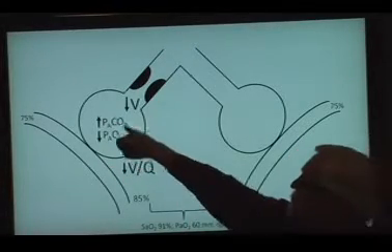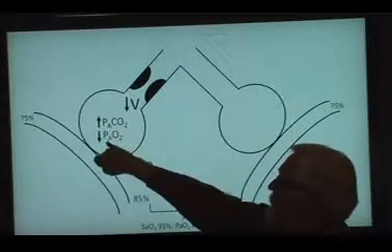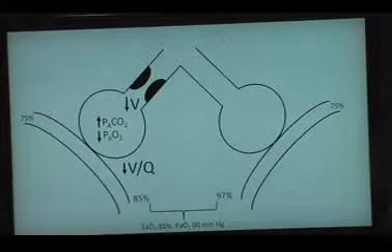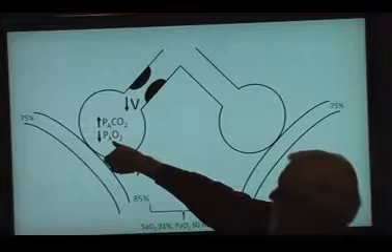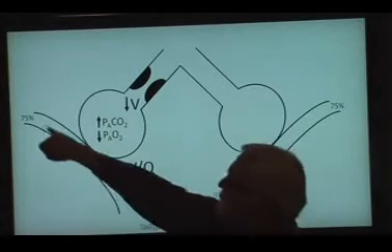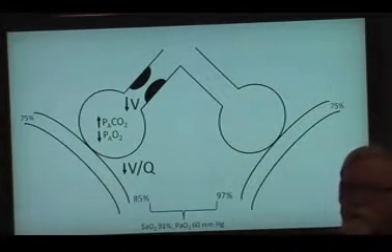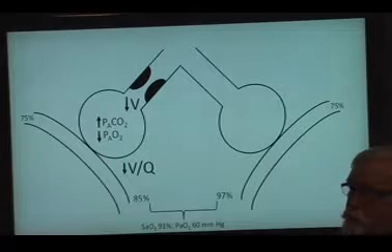If we decrease the ventilation of this lung unit, the PCO2 will go up and the PO2 will go down in this lung unit. So let's imagine that the PO2 decreases in this lung unit such that the oxygen saturation only goes from 75% to 85% because of the decreased alveolar PO2 in this lung unit.